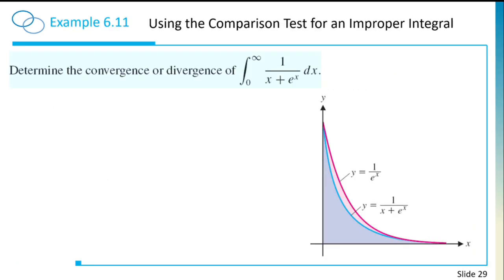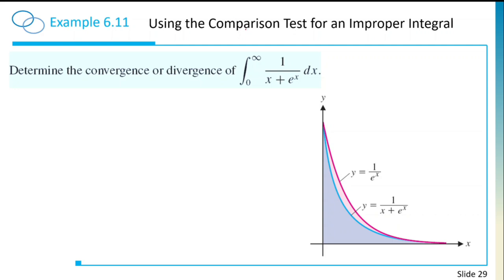Now let's move to one example, the first example on using the comparison test for an improper integral. Remember, if we need to use the comparison test, there's something fundamental we need to recall: the comparison test gives me only a result that it's convergent or divergent.